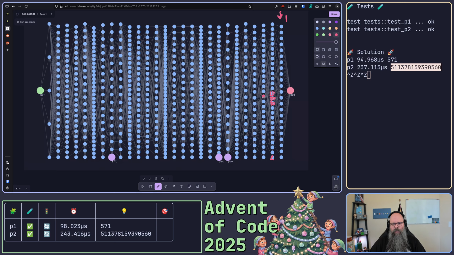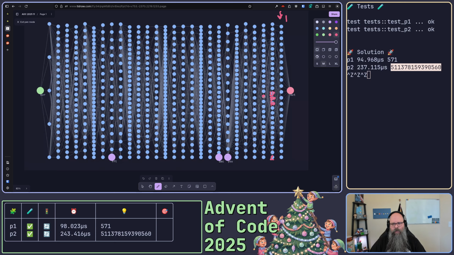Here's the actual graph if you spit it out, and you can see the only way that you're going to visit all of these is if you go this way, and then visit here and then here and then here. That's to say, the path that you're going to take is SVR to FFT to DAC to out.